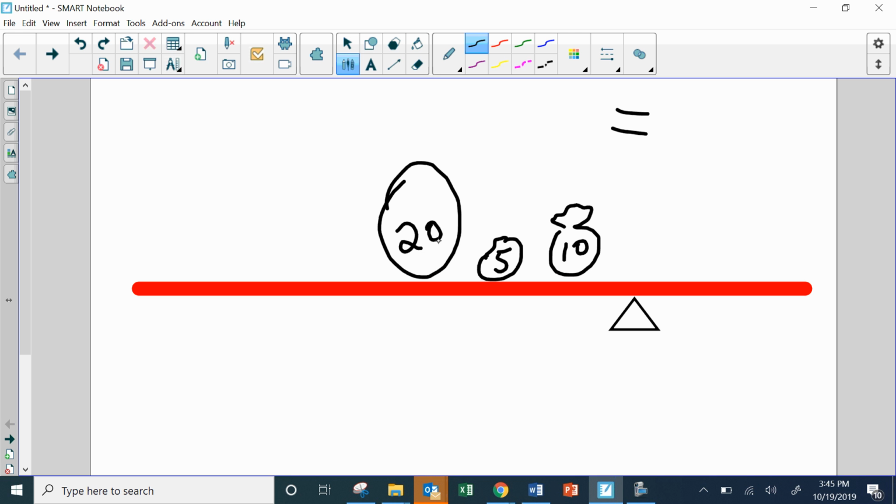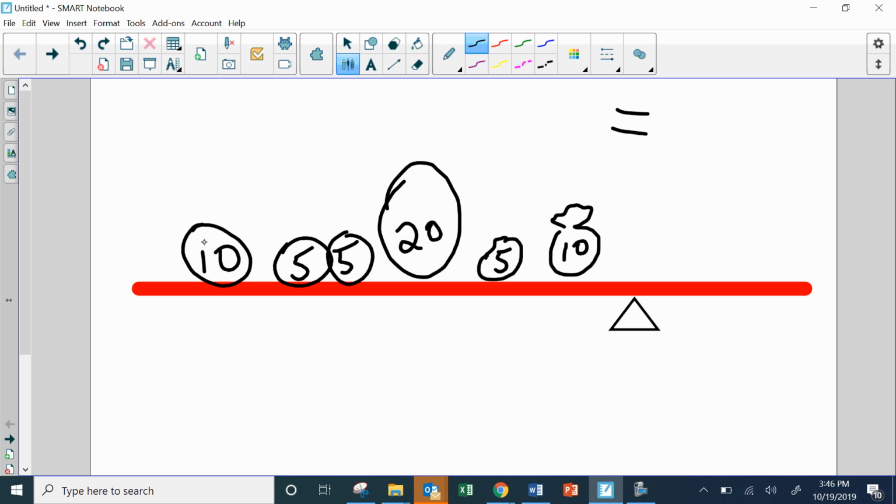Then let's say we have a couple more little bags of 5, and then maybe another 10. So we got all these bags of sugar on one side. If we look at them, it's 20 plus 10 plus 10 would be 40, plus 5 and 5 would be 55. So all of that equals 55 pounds.